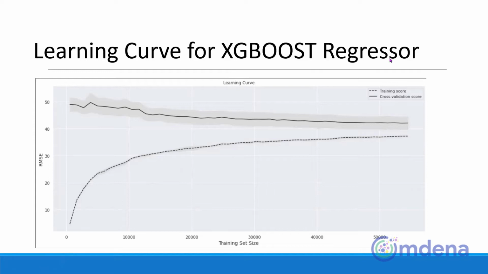This one is also decreasing, but still there is some overfitting. Also, if we use some complex methods like voting and stacking, it might give better performance. This is what I have done so far, and that concludes my presentation. If you have any questions.